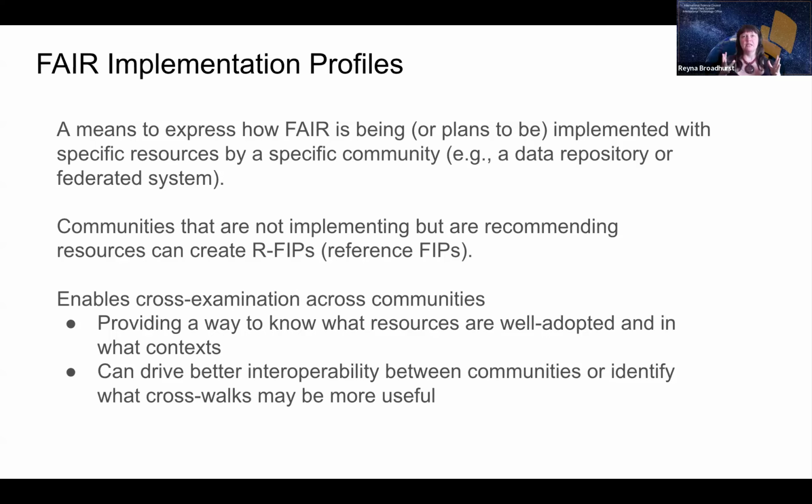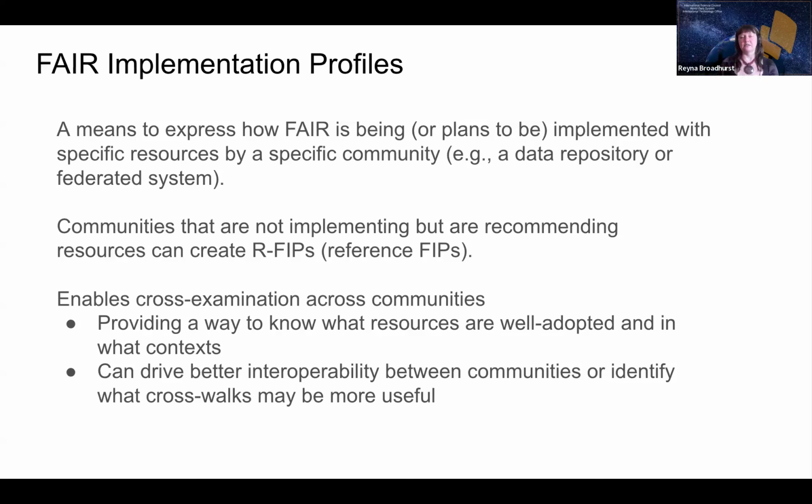Then once these profiles are all registered, because this is all public information and a standardized setup, you can begin to do queries and look at matrices across the different communities that have submitted their FIPs to see where their convergence is. Which ones are using the same standards?